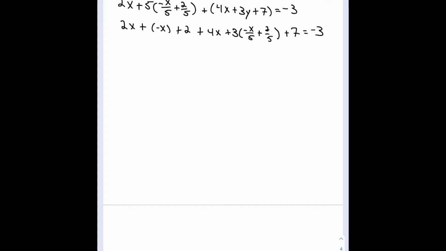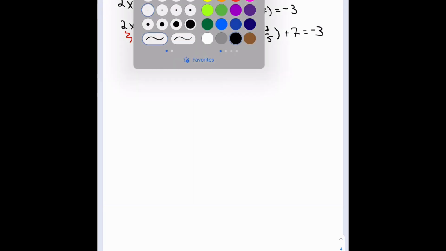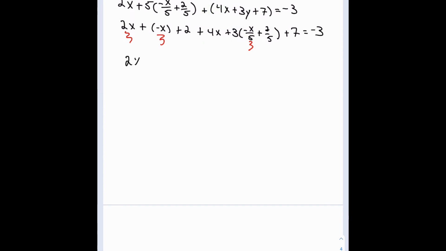We combine like terms. So let's find our x terms, x term, x term. Here's an x term. I guess I should distribute that first. I'm ahead one step, my bad. So 2x minus x plus 2 plus 4x minus 3x over 5 plus 2 over 5 plus 7 equals negative 3.